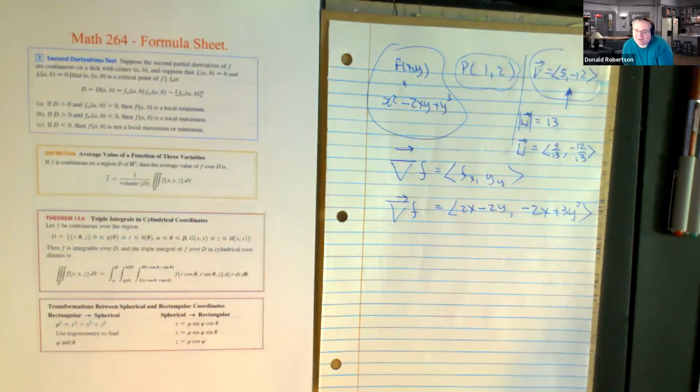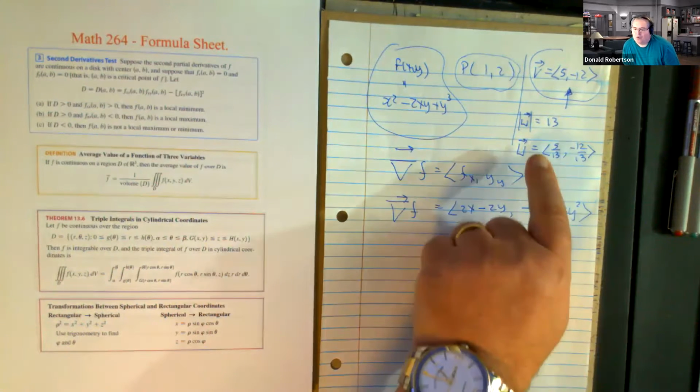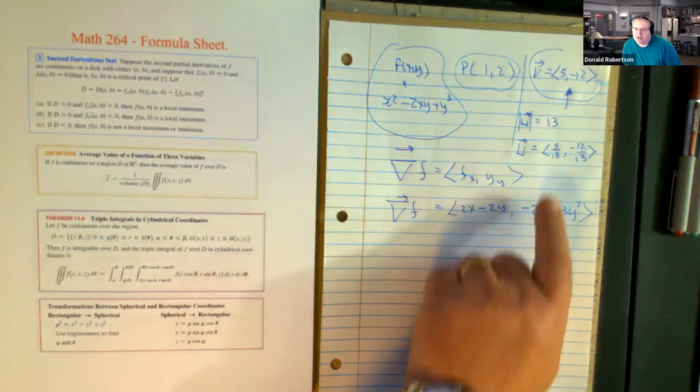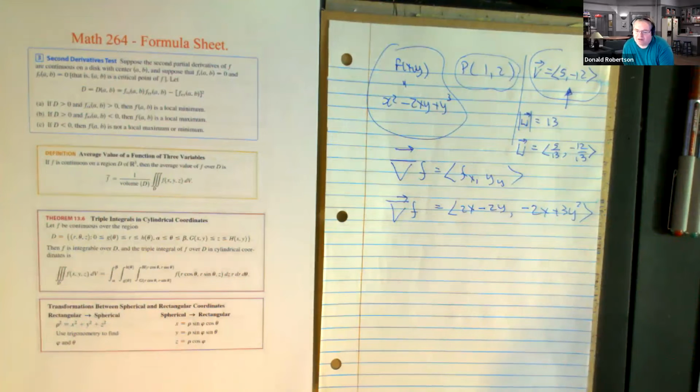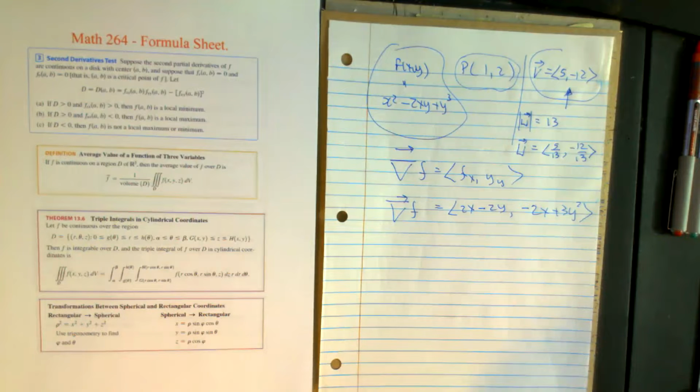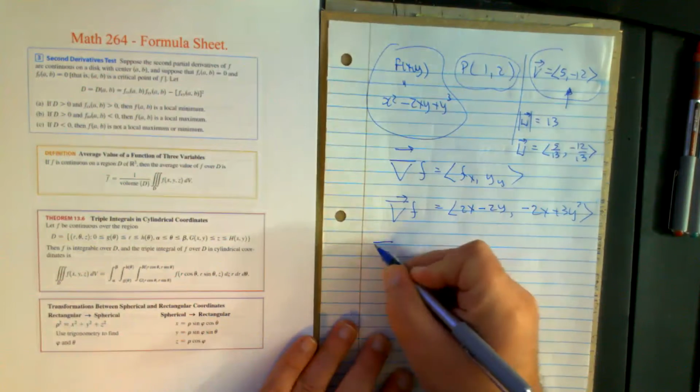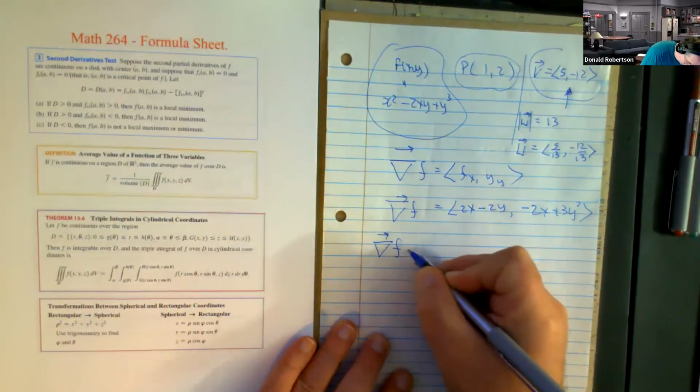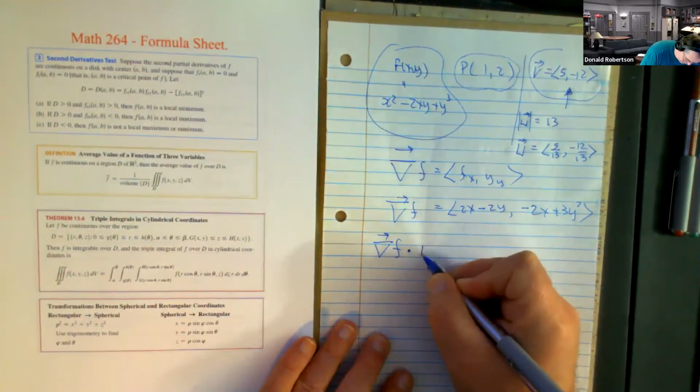Okay. Now, we got this guy, we got this guy. I need the next step. You should be able to times your unit vector to your gradient vector. We call that the dot product, but I know exactly what you mean.